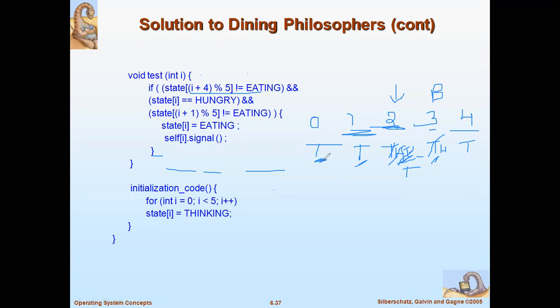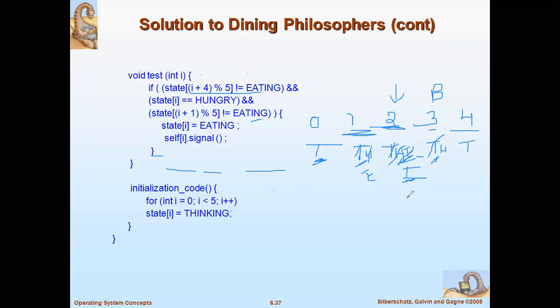Is he eating? No, right? What about his right philosopher? Is he eating? No. Is he hungry? Yeah, that is what I said. Sorry, I had to make this H, because if he wants to eat, then he has to convert it into H. So his left philosopher is not eating, his right philosopher is not eating, and he himself is hungry, right?